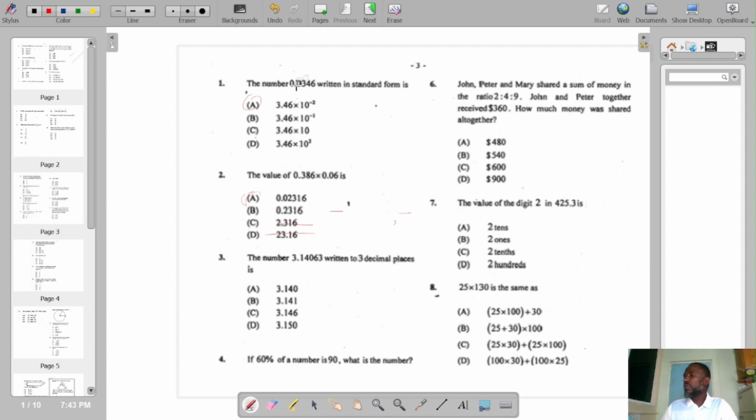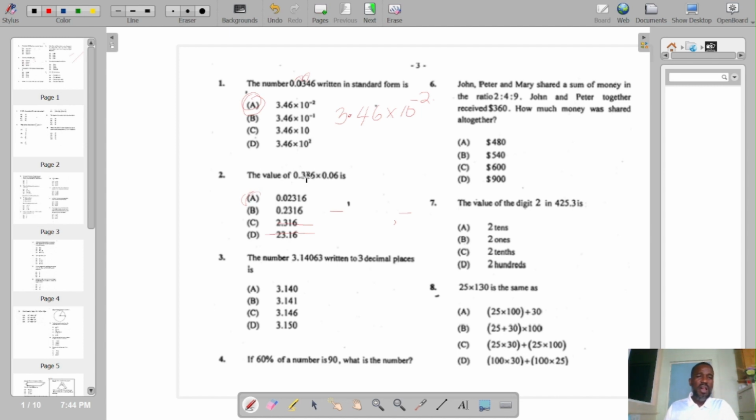So we want to move the decimal point 2 places to our right. So we're going to get 3.46 times 10 to the negative 2. Why negative 2? Because we moved the decimal point 2 places to our right. So our answer here is A.